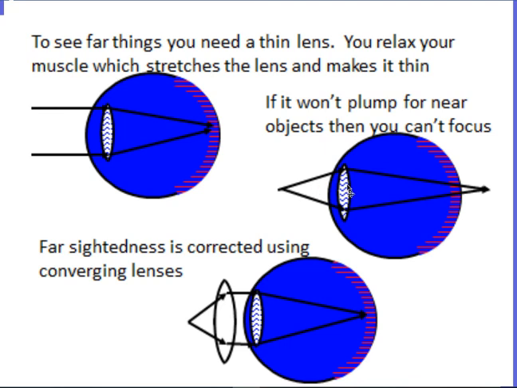And so we flex the muscles to try to allow the lens to plump up, and it doesn't plump anymore when you get old. And so we need reading glasses. We are able to see far away. We are farsighted. We need a converging lens to help us because this thin lens will not bend the light enough. Latin name is hyperopia. Thank you.